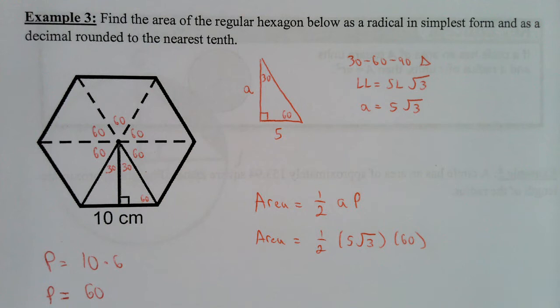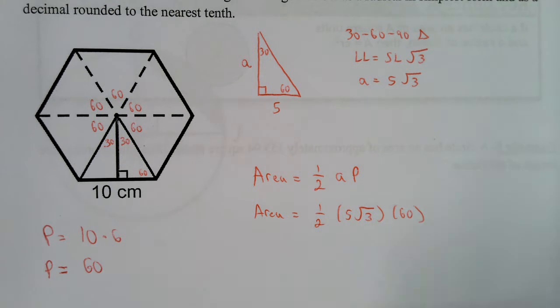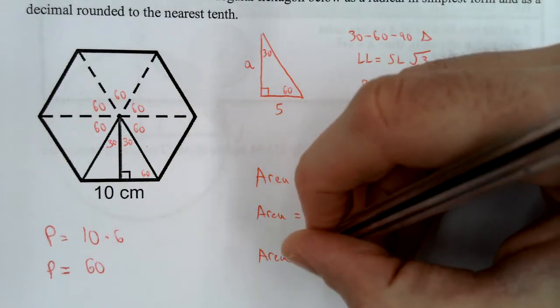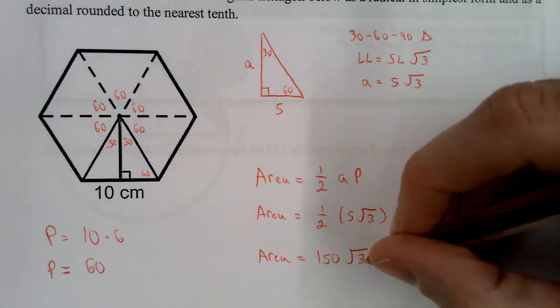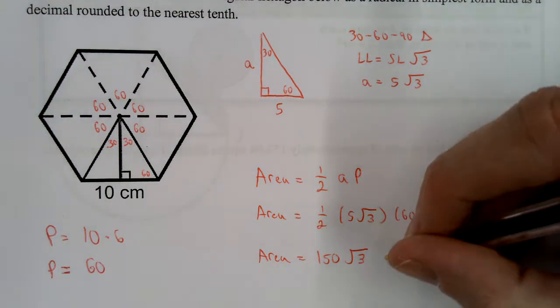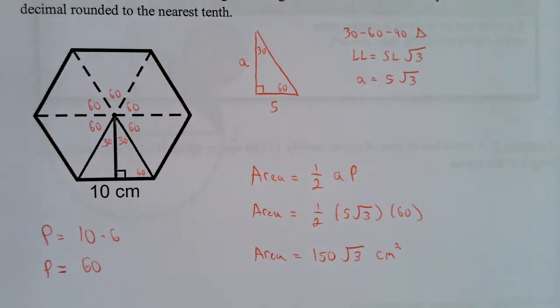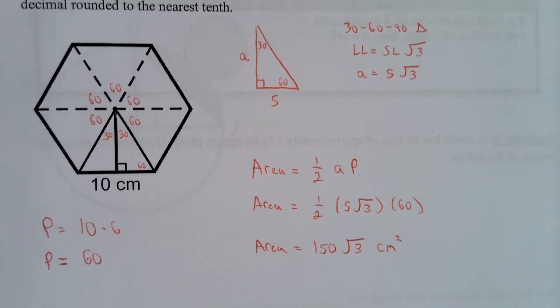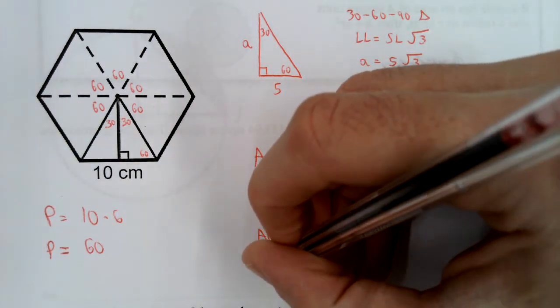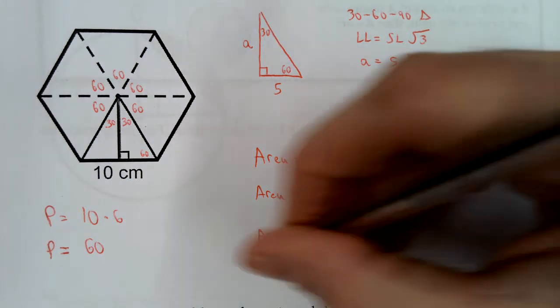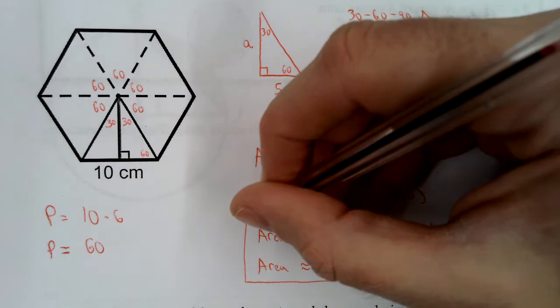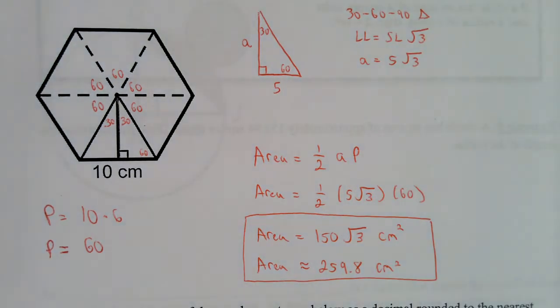So in simplest radical form, it would be 150 square root of 3 centimeters squared. And as a decimal, multiply those out, and you get 259.8 centimeters squared.